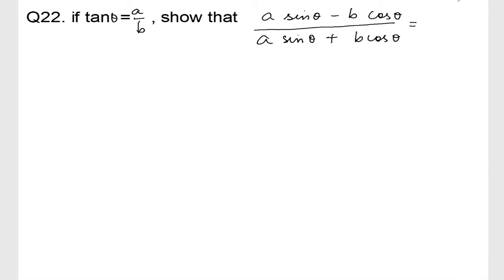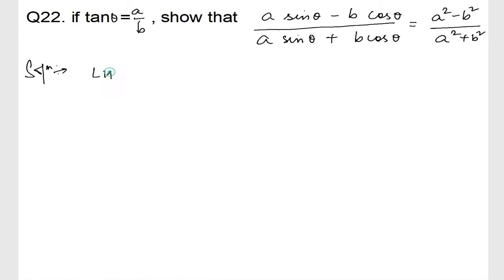This is from the chapter of trigonometry. This question is asked from trigonometry, so you can see this question there, a square plus b square. So solution, take the left hand side first.